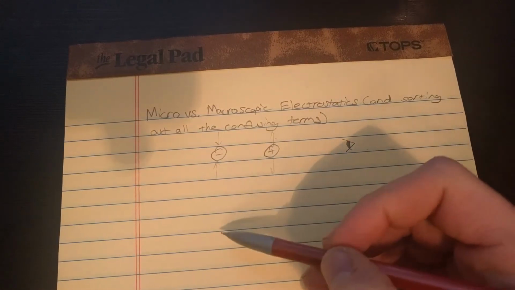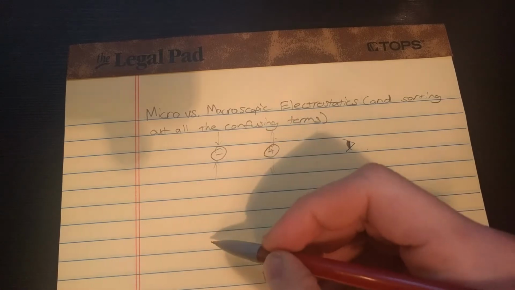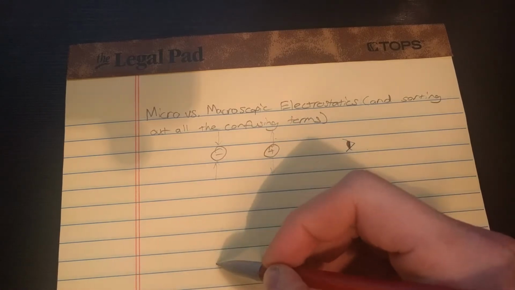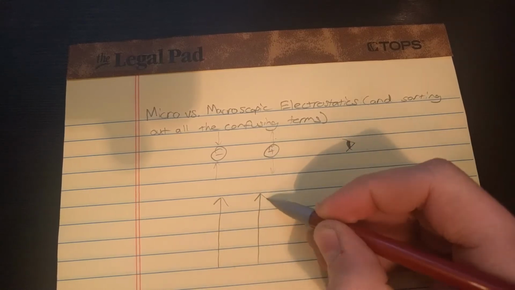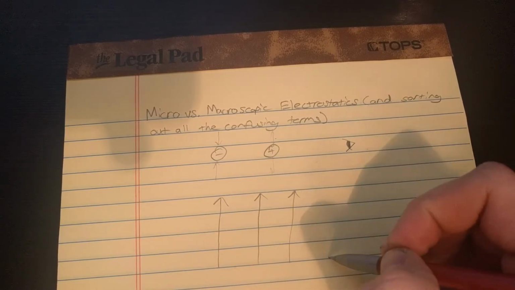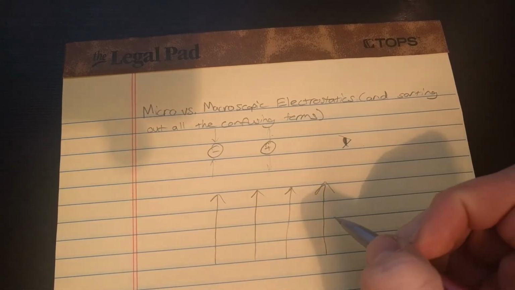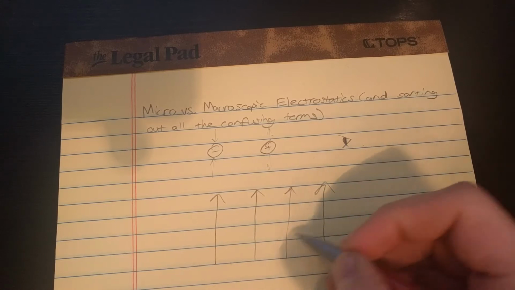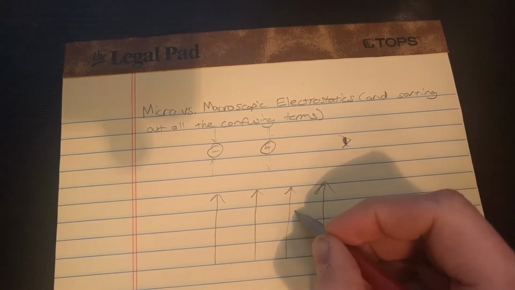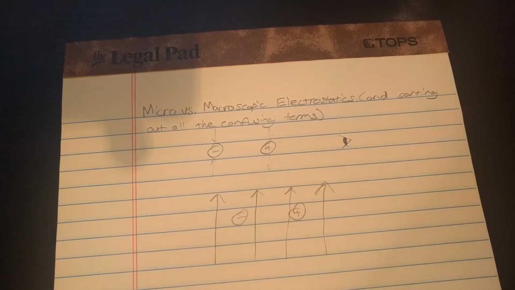Now imagine we switch on an electric field. Down here, we're switching on an electric field, and the field points in this direction. Now we're going to redraw our point charges in the field. There's our positive charge, there's our negative charge.